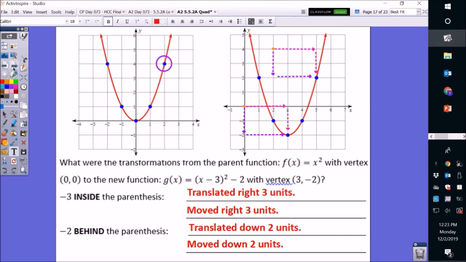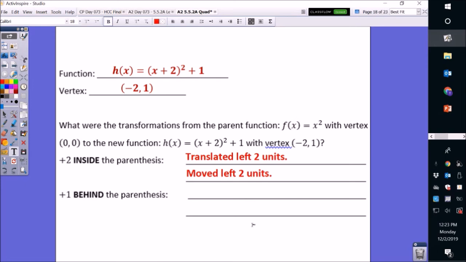If we have the opposite sign, it will move in the opposite direction. So if it was plus 1 behind the parenthesis, then it translated up 1 unit. You can also write move up 1 unit.